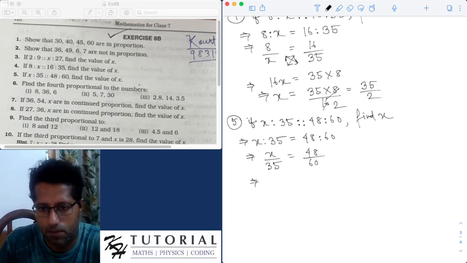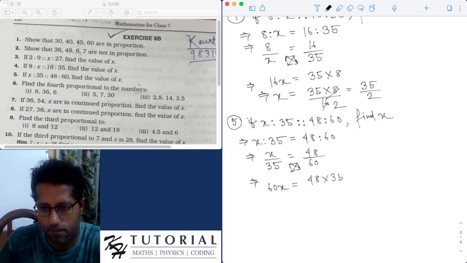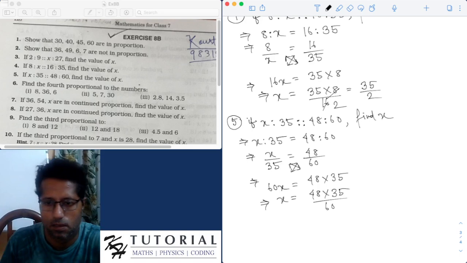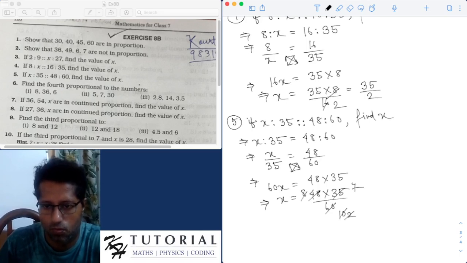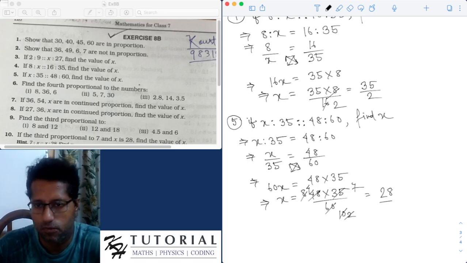Doing cross product, we get 60x equals 48 into 35. This implies x equals 48 into 35 divided by 60. Okay, so 6 divides 60 ten times, and this is 8, and 5, 7, 5, 2, 2, 4, so this is 28. So x is 28.